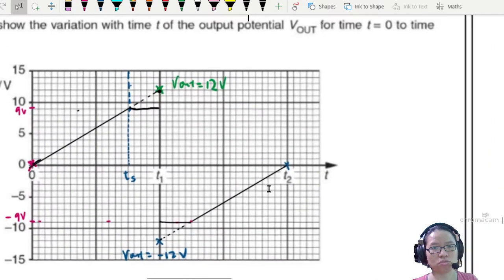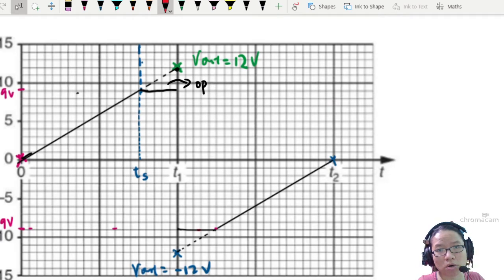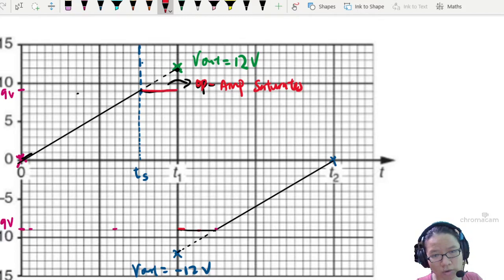If you want, I can label here for you. This point here, the op-amp saturates here, this point here, and also all these values. Op-amp saturates now. Snip.